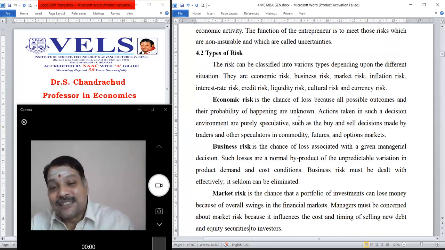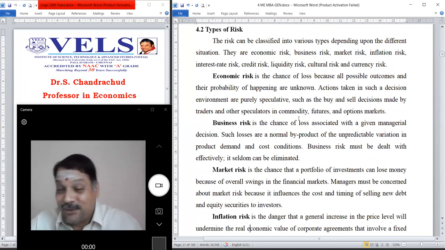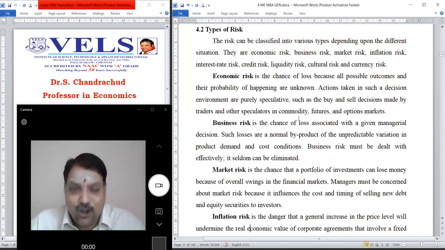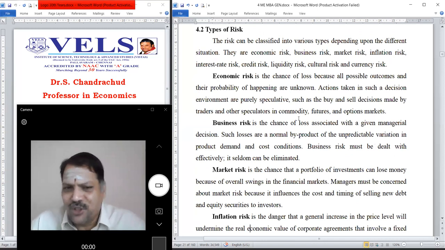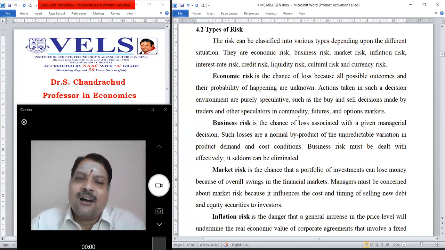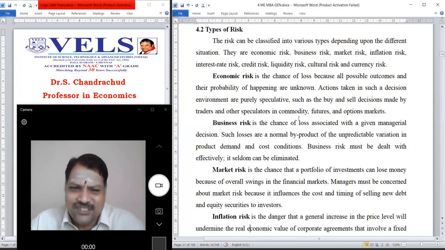The second type is business risk. Business risk is a chance of loss associated with a given managerial decision. Such losses are a normal byproduct of unpredictable variation in the demand for the product, or changes in the cost conditions. Because of that, business risk will arise.